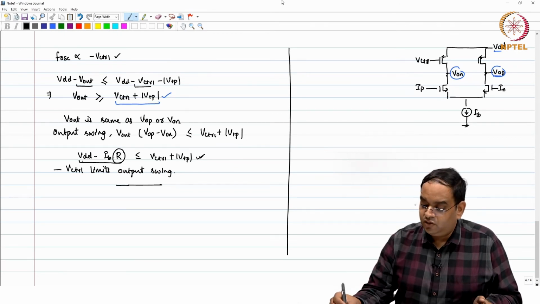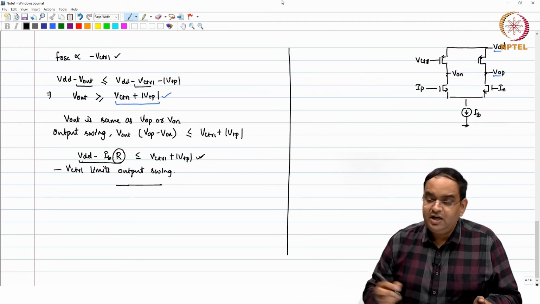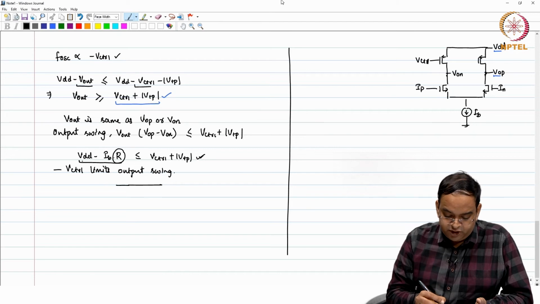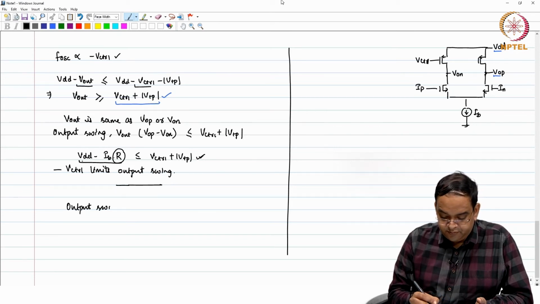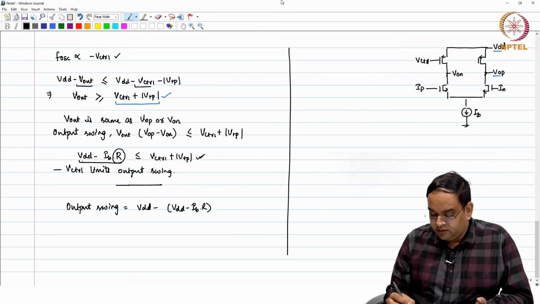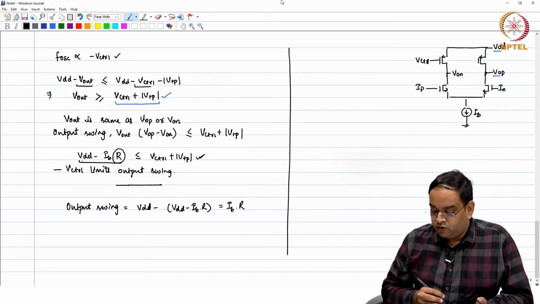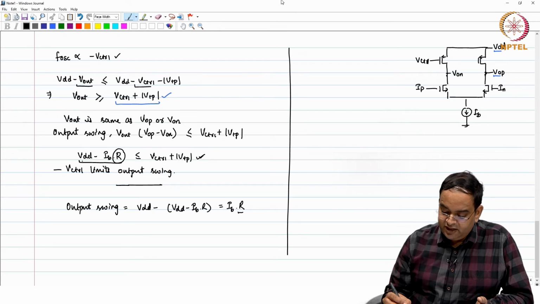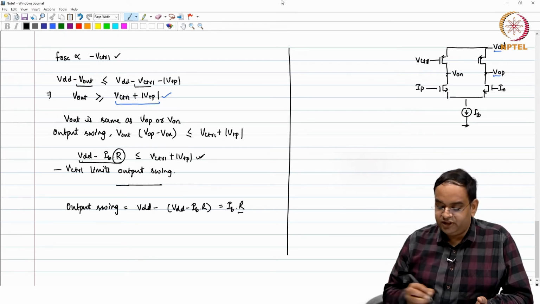If we want to have our output swing, which is VDD minus IB times R, fixed, then if R varies for the frequency, we have to vary IB in the opposite direction.